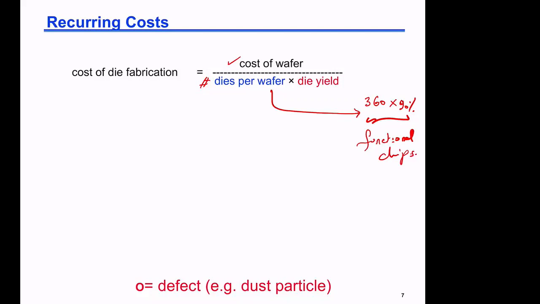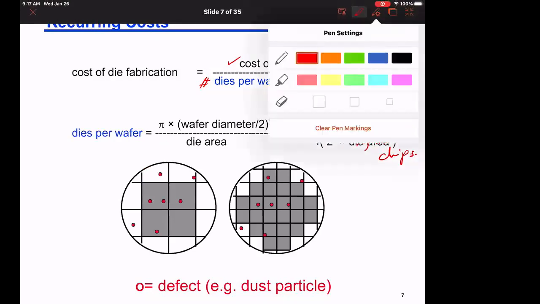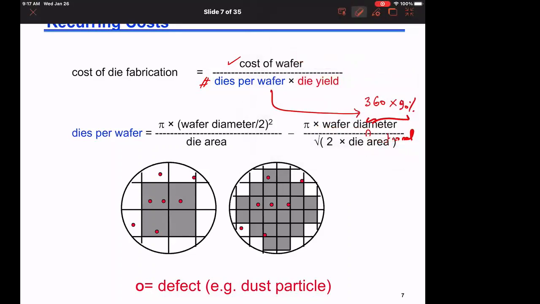So let us now look at this here. Like every process, there are defects. But first, before the defects, let us look at the number of dies per wafer.